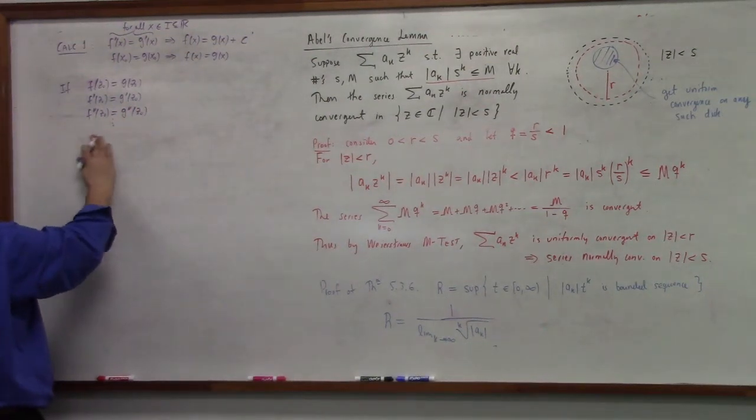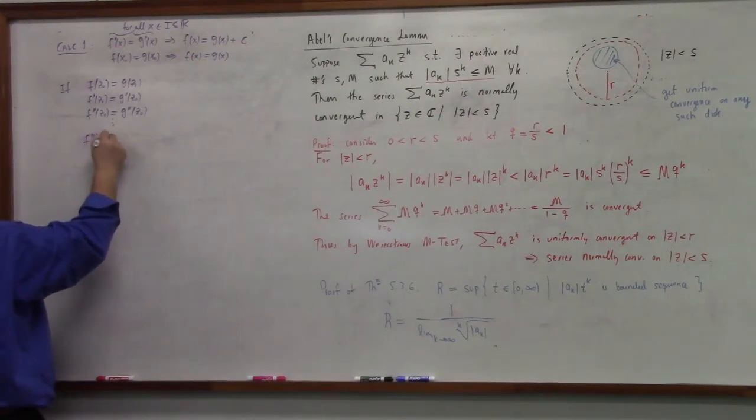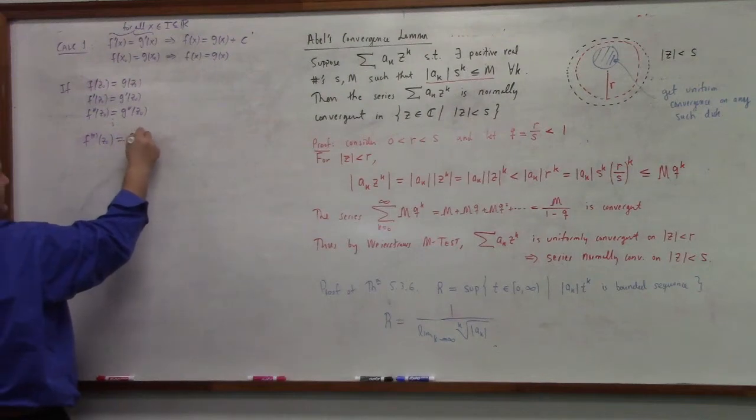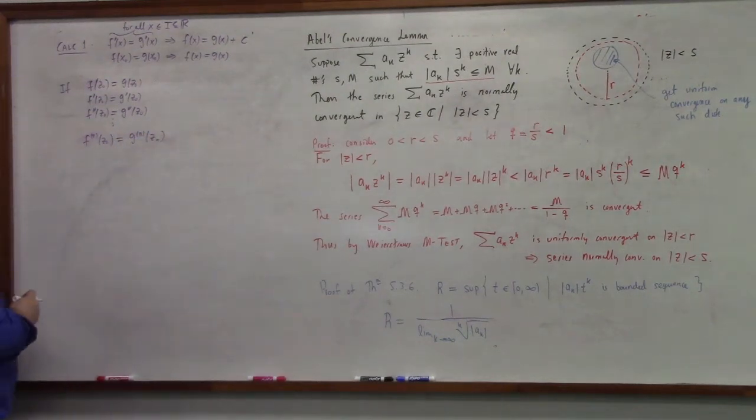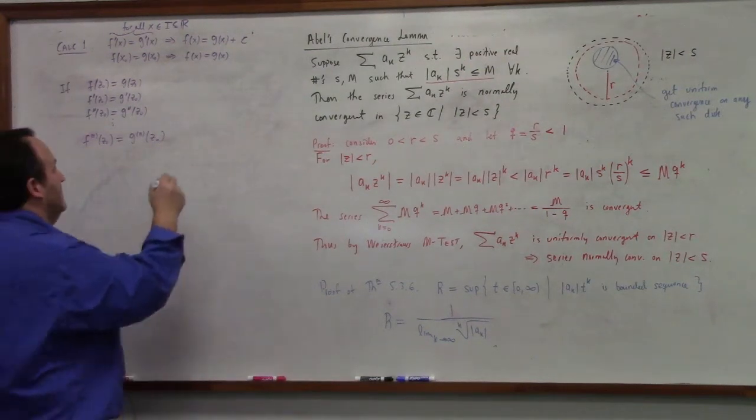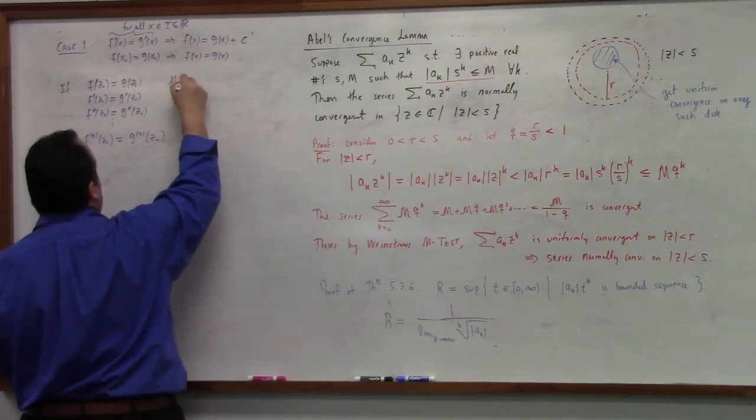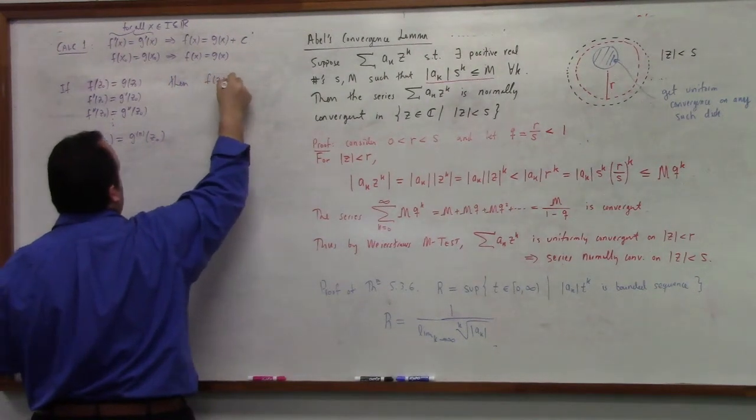If you have the nth derivative of f at z naught equal to the nth derivative of g at z naught, if the derivatives are matching for all orders at one point, then f of z is equal to g of z.